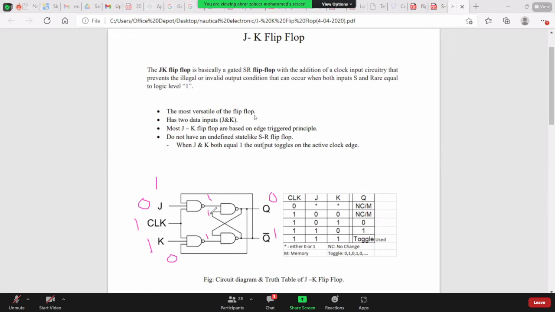This one will go here, 1 into 1, output here is 0. And this 0 will come here, 0 into 1, output here is 1. So here Q is 0 and Q bar is 1. This is known as the reset state.